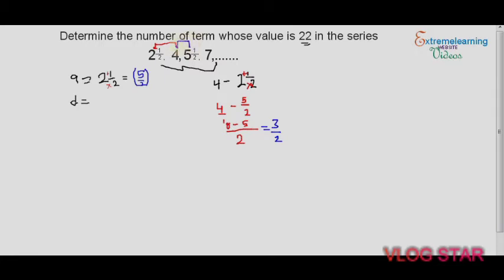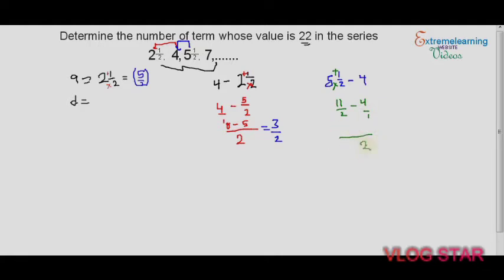Now the second one, let's do 5 and a half minus 4. This 5 and a half is 2 times 5, then plus 1, so 2 times 5 is 10, plus 1 is 11 over 2. Then subtract 4, just like 4 over 1.